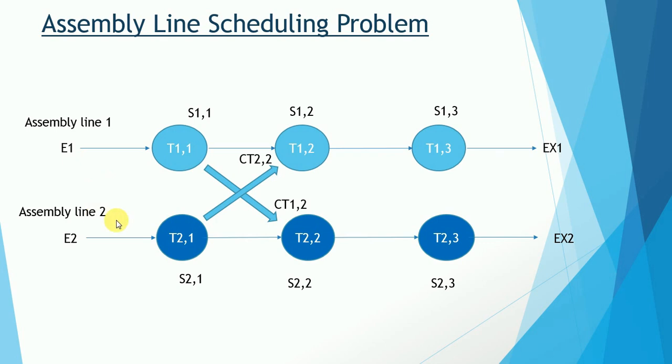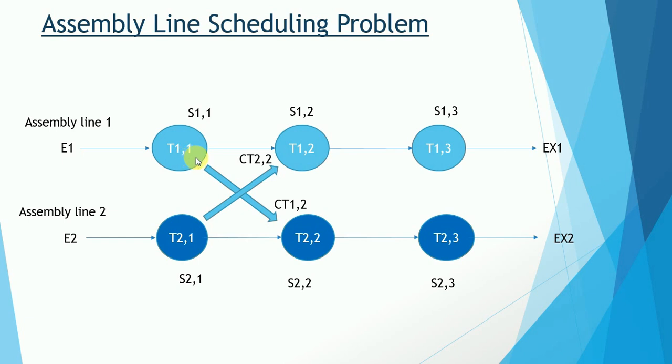Now we have these arrows, and let me tell you what these arrows indicate. Actually, this is the actual spice to the problem. Suppose a chassis is at station number 1 of assembly line 1 over here.